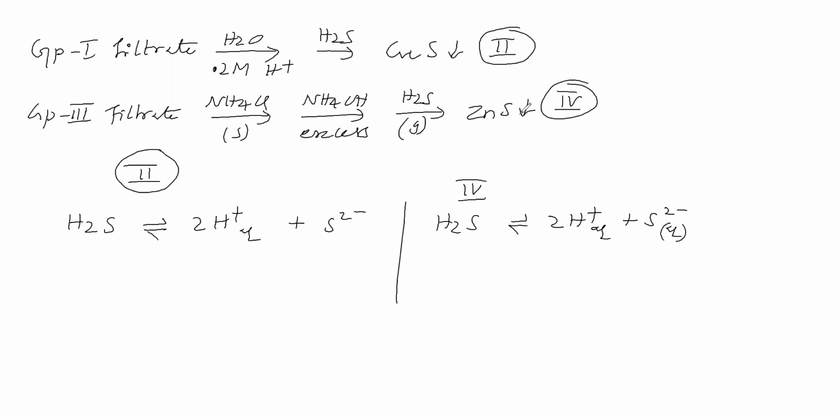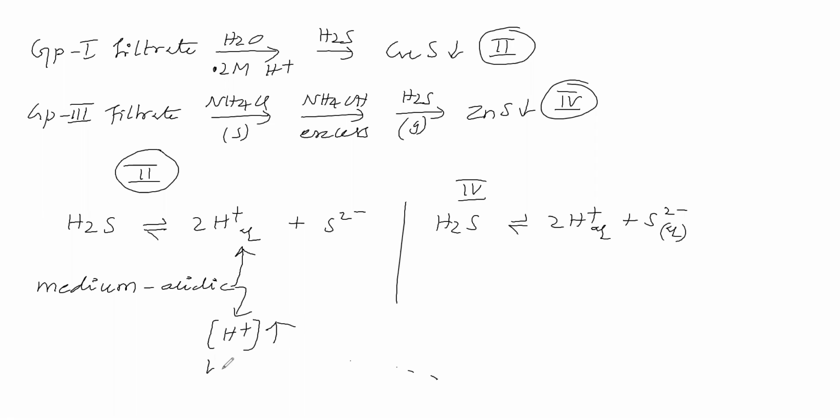In the group 2 case, the medium is acidic. An acidic medium makes the concentration of H plus high.